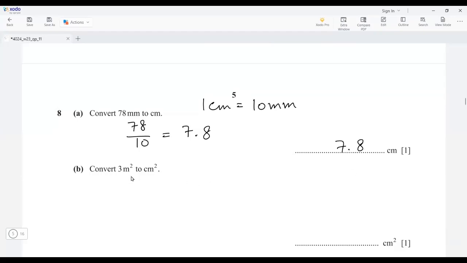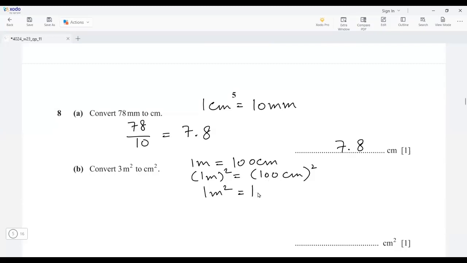The next one is 3 meters squared to centimeters squared. So as we know that 1 meter is basically 100 centimeters. So how many centimeters squared are in 1 meter squared? If we square both sides, it will give us the square units. Any number with zeros, the square will be 1 written as it is, because 1 squared is 1, and we have to double the number of zeros.